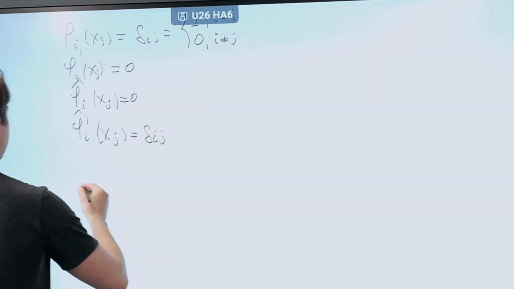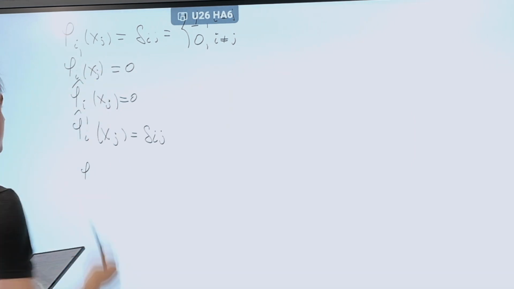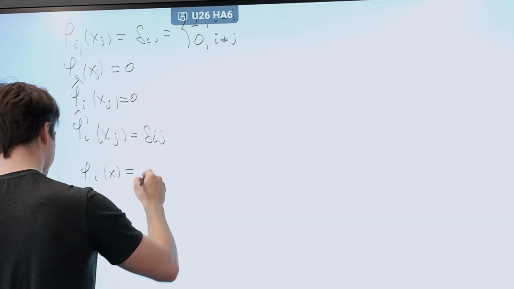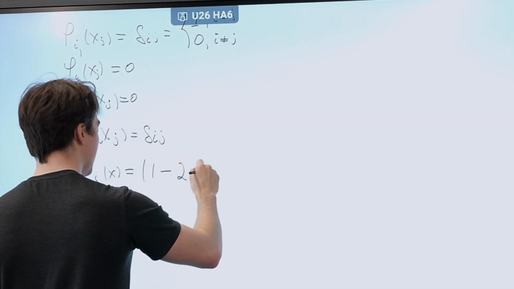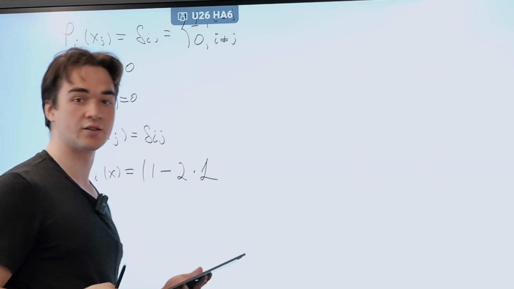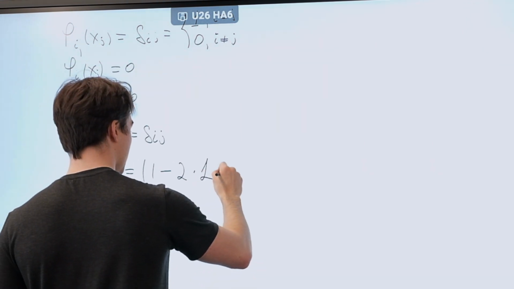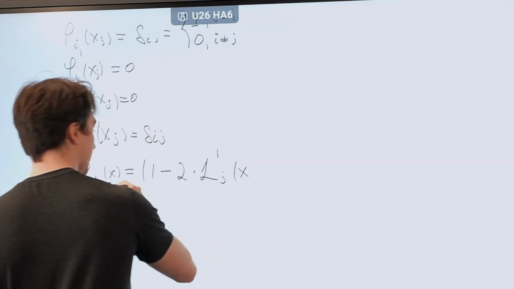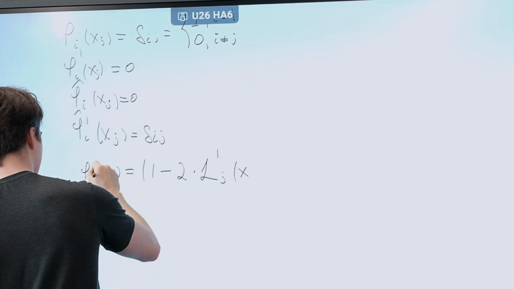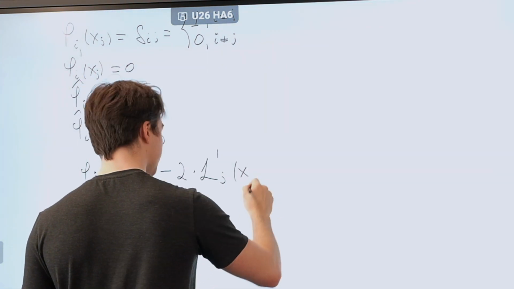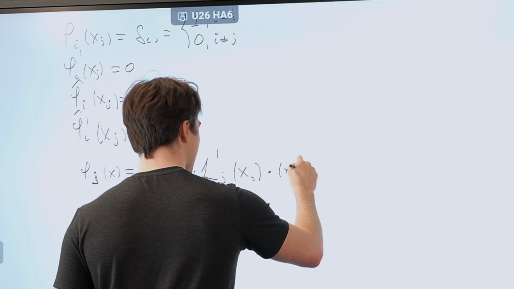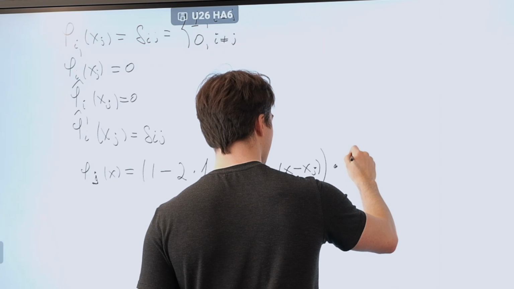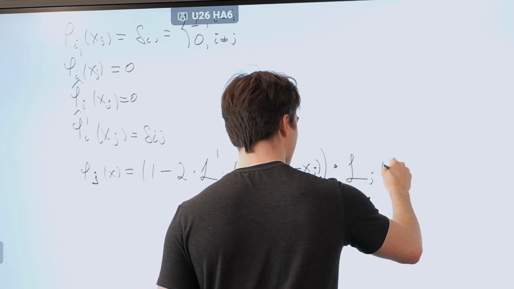As homework, you can check that the functions which satisfy these conditions are the following. Phi i of x is 1 minus 2 times the derivative of the Lagrange polynomial, which we discussed earlier, l j prime of x j, times x minus x j, and times the square of the Lagrange polynomial at point x.